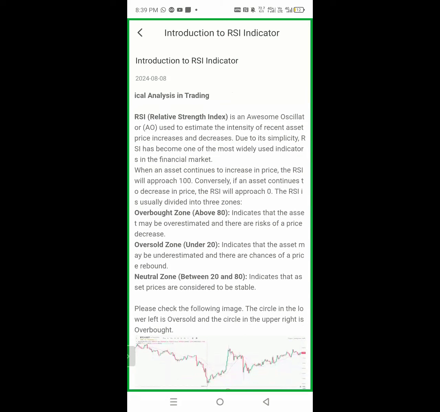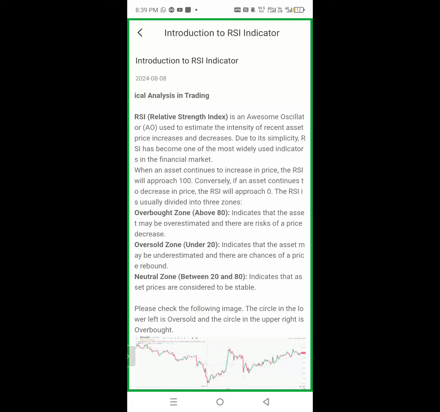When an asset continues to increase in price, the RSI will approach 100. Conversely, if an asset continues to decrease in price, the RSI will approach 0. So the value for RSI is from 0 to 100. The RSI is usually divided into 3 zones: overbought, oversold, and the neutral zone.